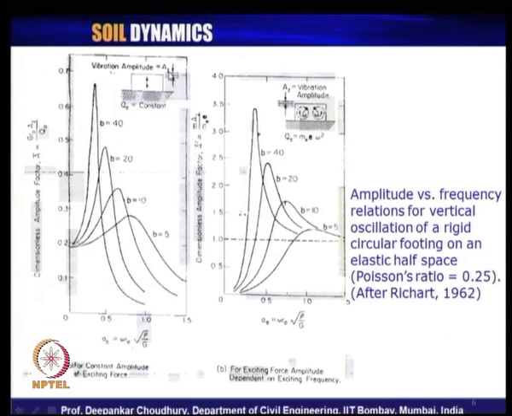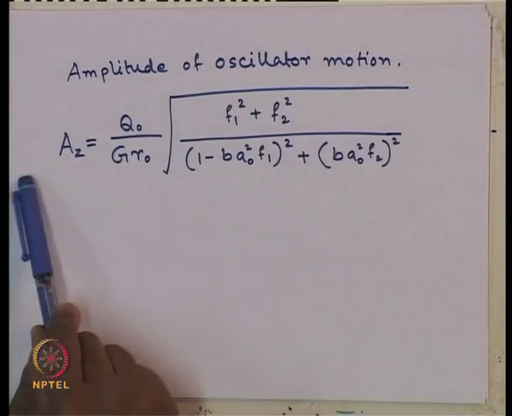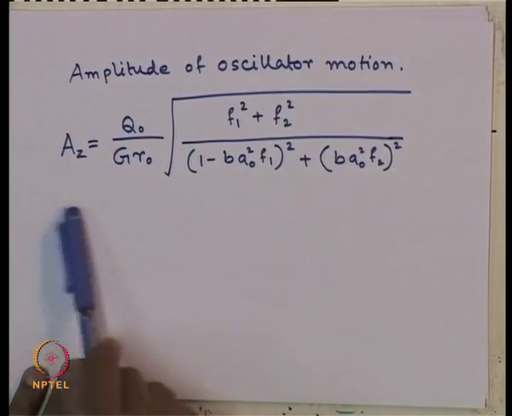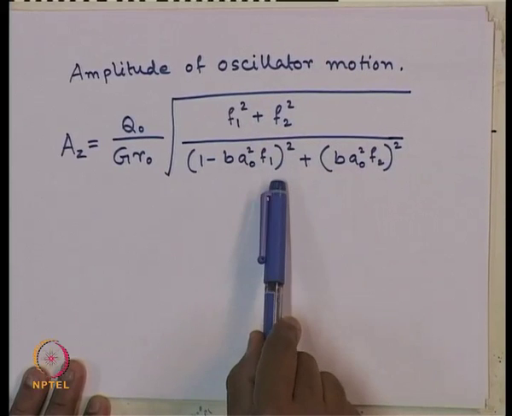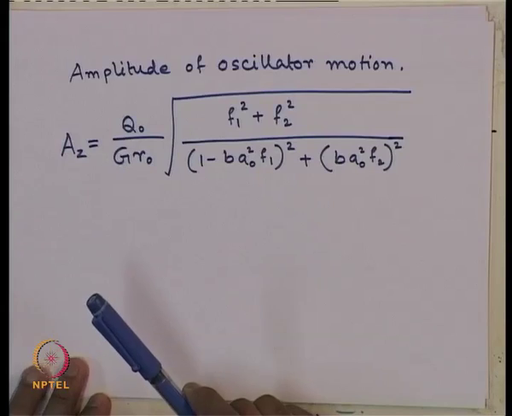In the vibration amplitude Az expression, if we take G R naught here and Q naught here, it becomes dimensionless, which is a function of F1, F2, B and A naught.